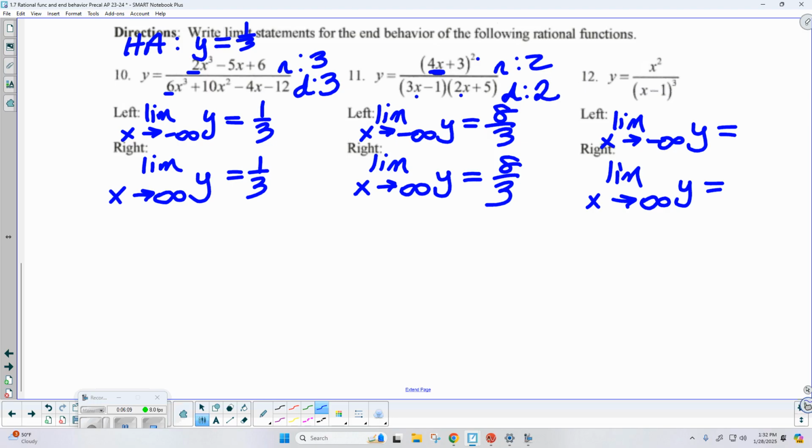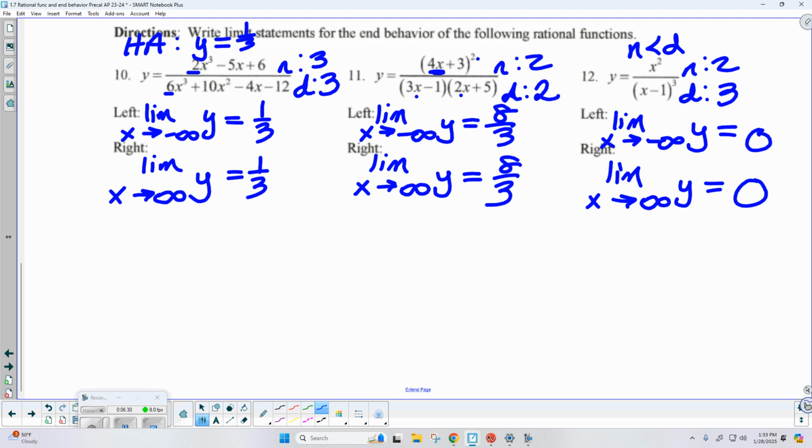What's that? It is 0. Here we go. The numerator has a degree of 2, the denominator has a degree of 3. This is the second case where the numerator's degree is less than the denominator. If that's the case, it's still horizontal, but it's the x-axis. Y equals 0. Okay, good.